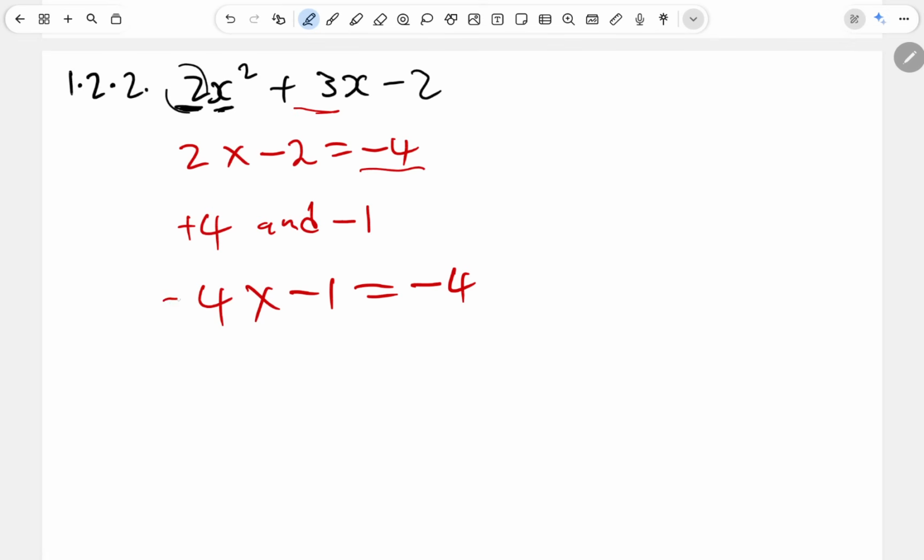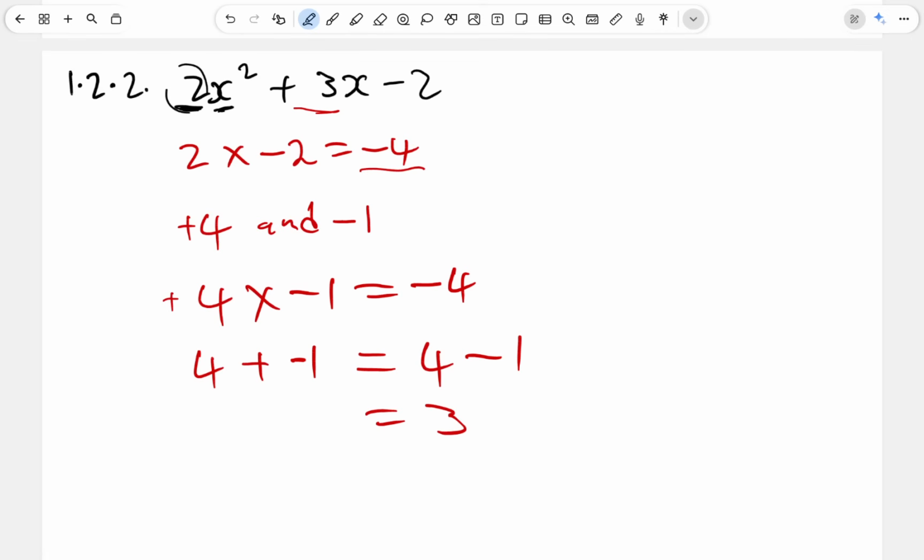Remember, negative multiplied by positive is negative, always negative. But when you add 4 plus negative 1, it's like 4 minus 1. You will get positive 3, the middle number.